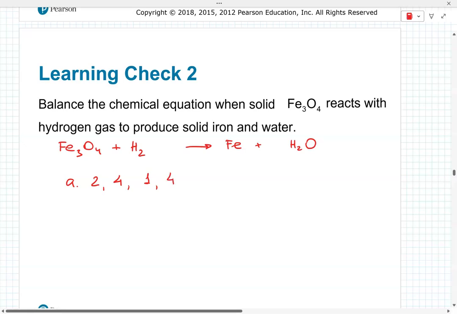It means that 2 goes here, 4 goes here, 1 goes here, and 4 goes here. Will it balance the reaction? No. Will you pick A then? You won't. B. I'm making up numbers. 3, 1, 4, 4. Is that the right answer?